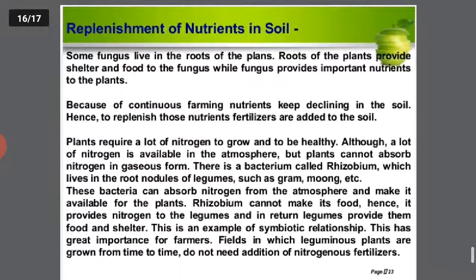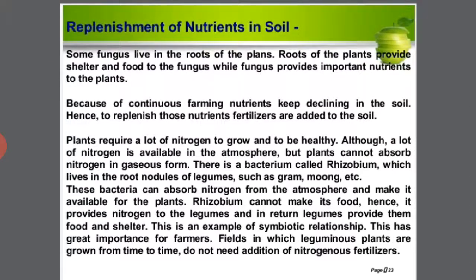Then how is the soil replenished by the nutrients? With continuous cultivation or harvesting of crops, the soil becomes deficient in some of the nutrients, and then it is highly desired that these nutrients must be supplied to the soil in one form or another. Some fungus live in the roots of the plants.